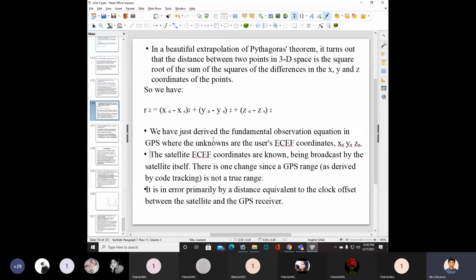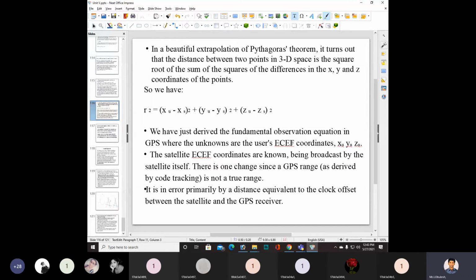Here we have just derived the fundamental observation equation in GPS, where the unknowns are the user's ECEF coordinates xu, yu, zu.